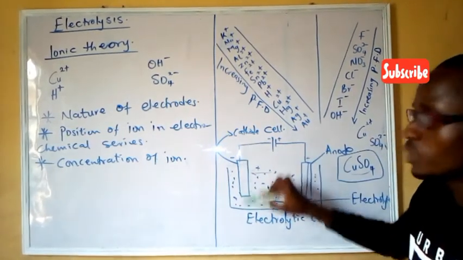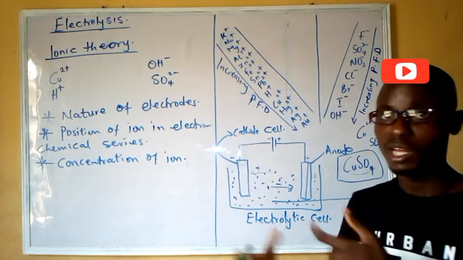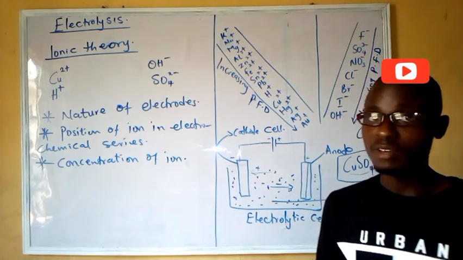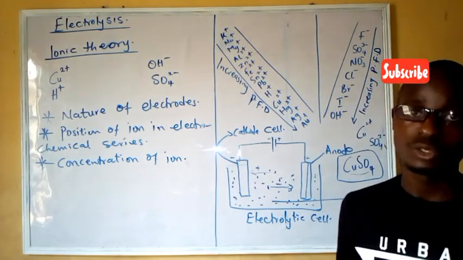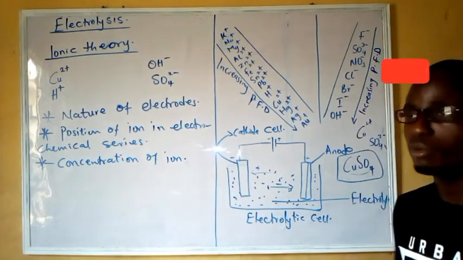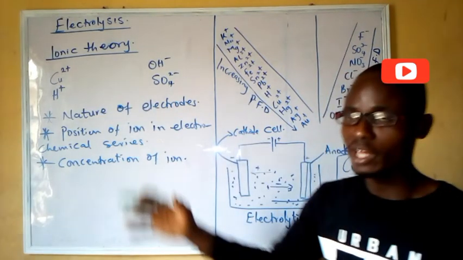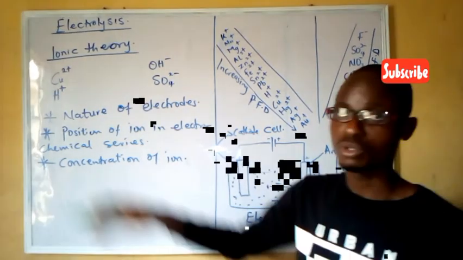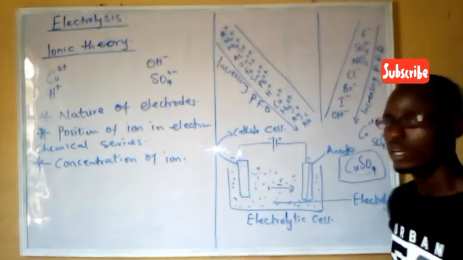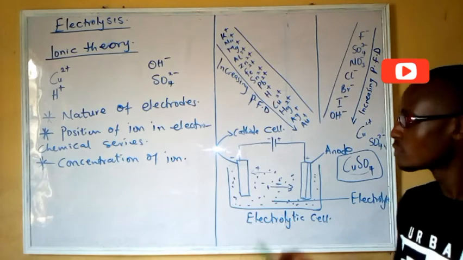Majorly the types of electrodes used are carbon rod and platinum rod. However, sometimes we have electrolysis that makes use of silver rod and so on, but majorly carbon and platinum rods.